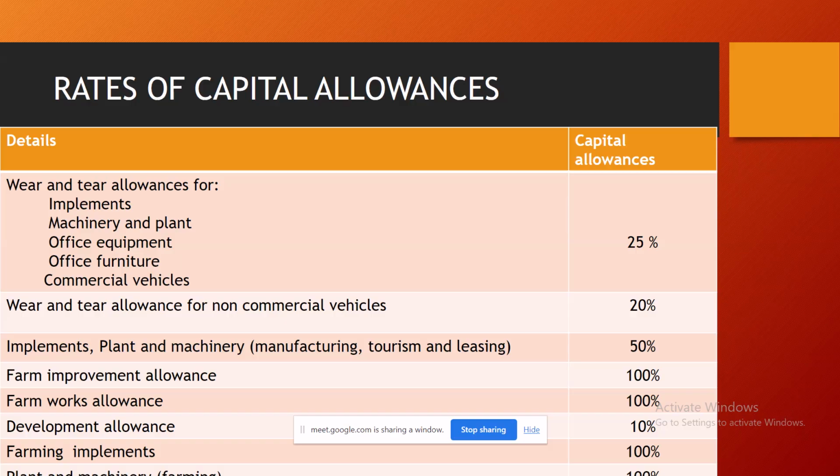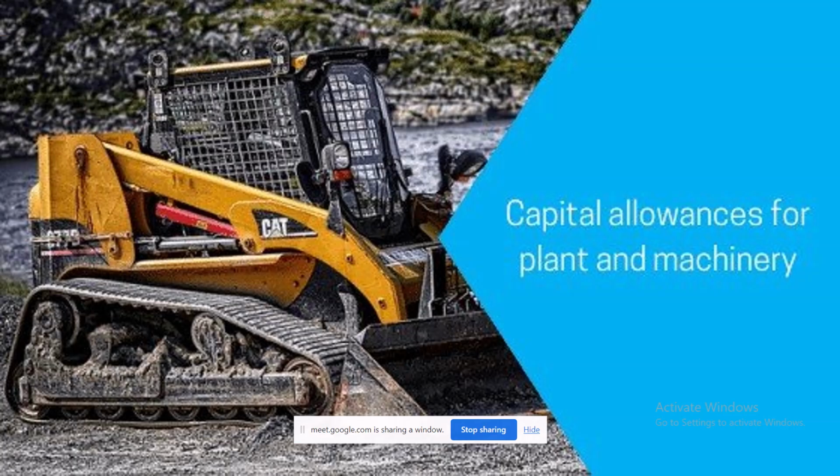Here you see that the government, for instance, wants to encourage people to go into farming, so it provides a form of incentive by allowing capital expenditure on farm improvements to have a 100% rate applicable. Even farm works, it's 100%. Development allowance is 10%. Farming implements is 100%. So these are some of the benefits that you see accruing to a taxpayer.